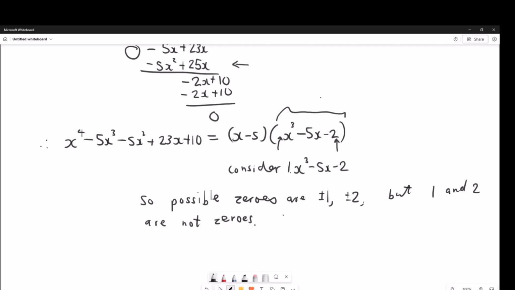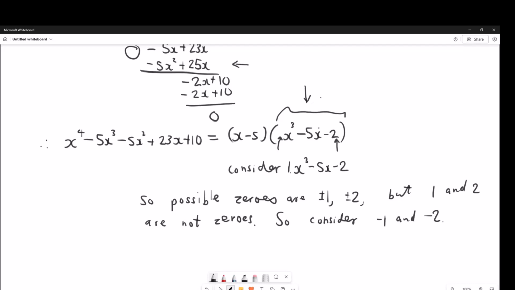So consider -1 and -2. When you put -1 into here, what do you get?